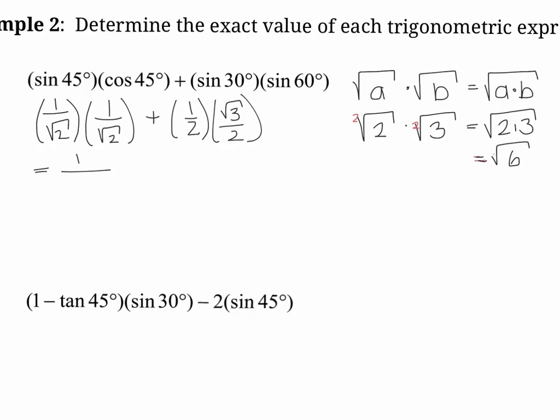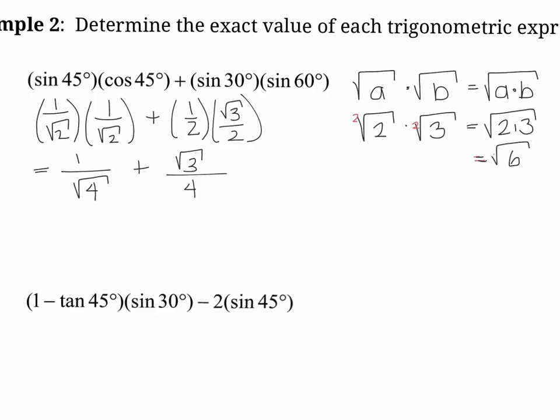Both of them are square roots, and they're multiplying, which means that I can just multiply the numbers inside the square root. So this would become square root of 2 times 2, which is 4. And then on this side, we have 1 times root 3, which is just itself, since 1 times anything is itself. And then at the bottom, we have 2 times 2, which is going to be 4.